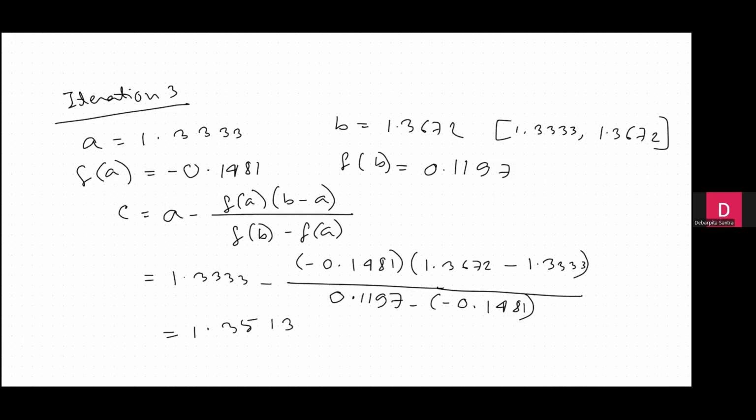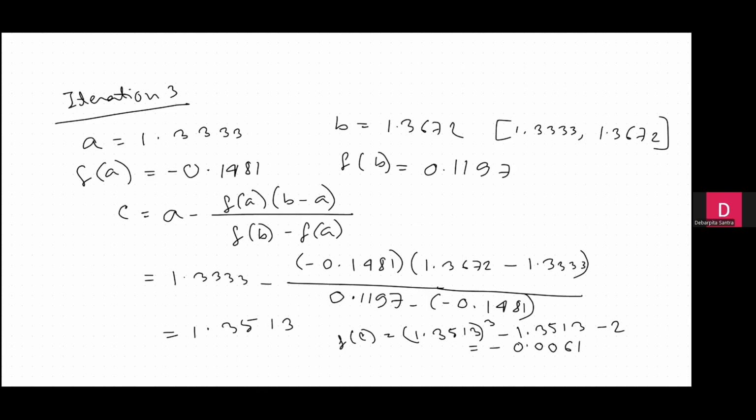So we have to now calculate f of C. F of C is, we just put the value of C in the equation, 1.3513 whole cube minus 1.3513 minus 2, which is equal to minus 0.0061. So in iteration 3, we see that our f of C is negative, our f of A is negative.